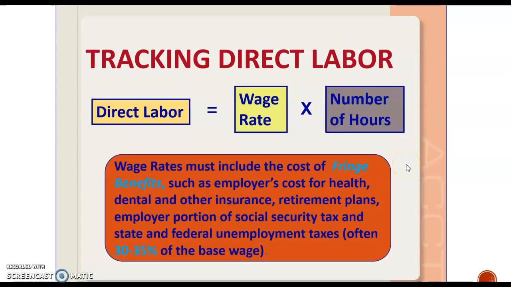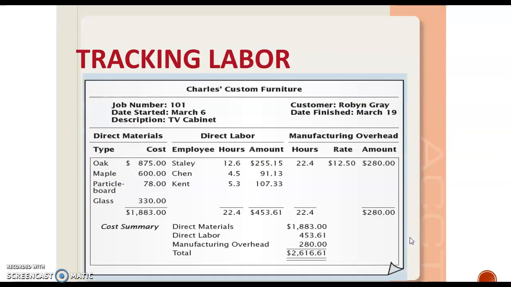But we also have to include the fringe benefits, such as the employer having to pay for health insurance, dental insurance, retirement plans, and employer-related payroll taxes, such as matching the Social Security and paying unemployment taxes. So these kinds of extra things can be 30 to 35% of the base wage that we also have to add into this direct labor.